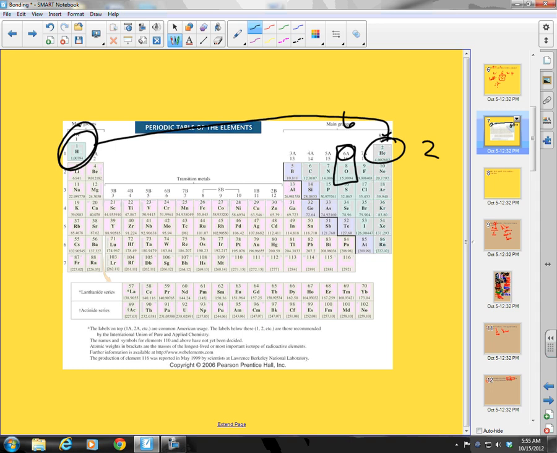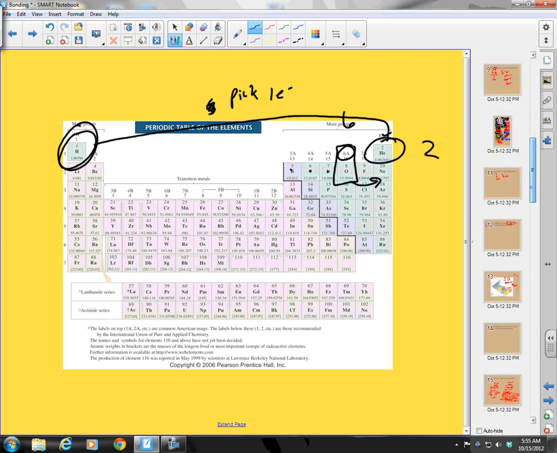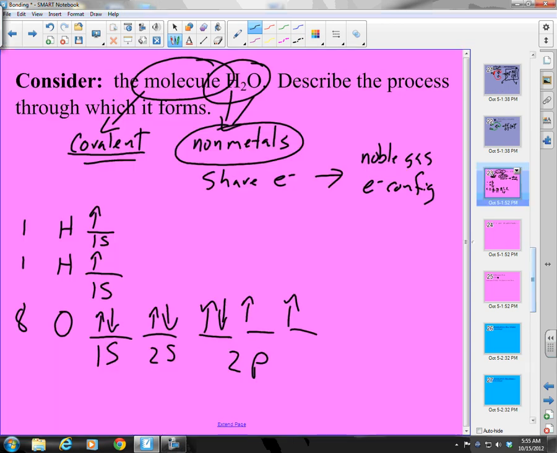So for hydrogen to become a noble gas configuration, it needs to somehow pick up 1 electron. And how does oxygen become a noble gas? Well, it could lose 6 electrons, or it could move up to neon by picking up 2 electrons. Okay, so we kind of have an idea of where we're going.